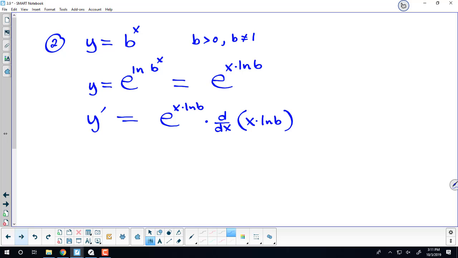So what's the derivative of this number times x? Just that number. What's the derivative of 2 times x? It's 2. What's the derivative of negative 27 times x? Negative 27. What's the derivative of x times this number? It's just that number. So you have e to the x ln b times ln b.